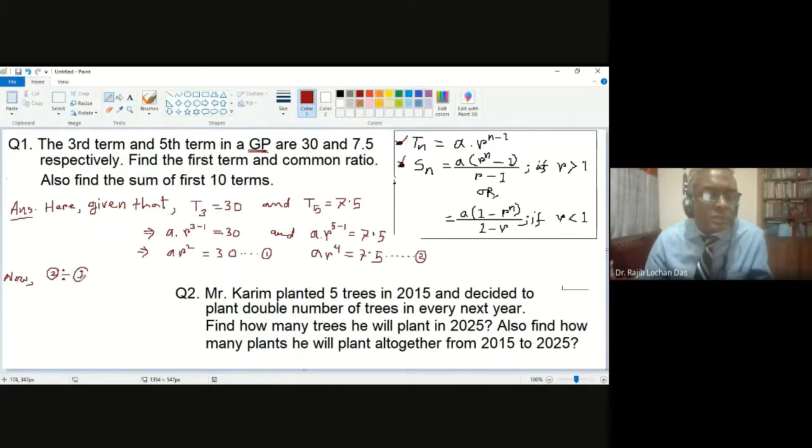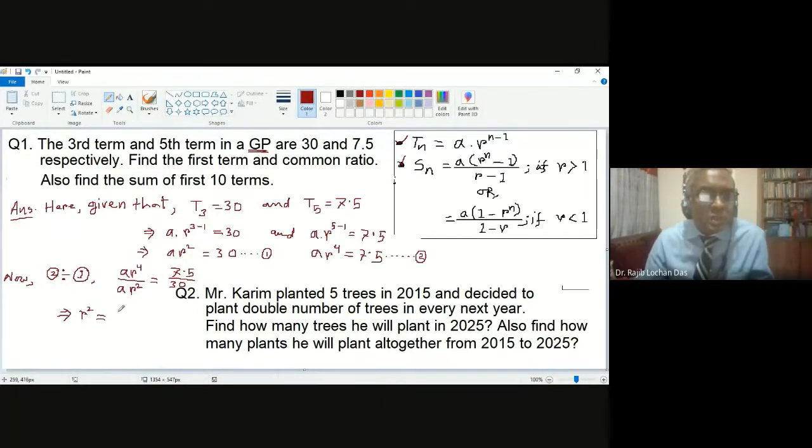That will be AR to the power 4 divided by AR square. So it is very simple. A will be cancelled and you have 7.5 divided by 30. So in the next line you can write R square equal to 7.5 by 30.